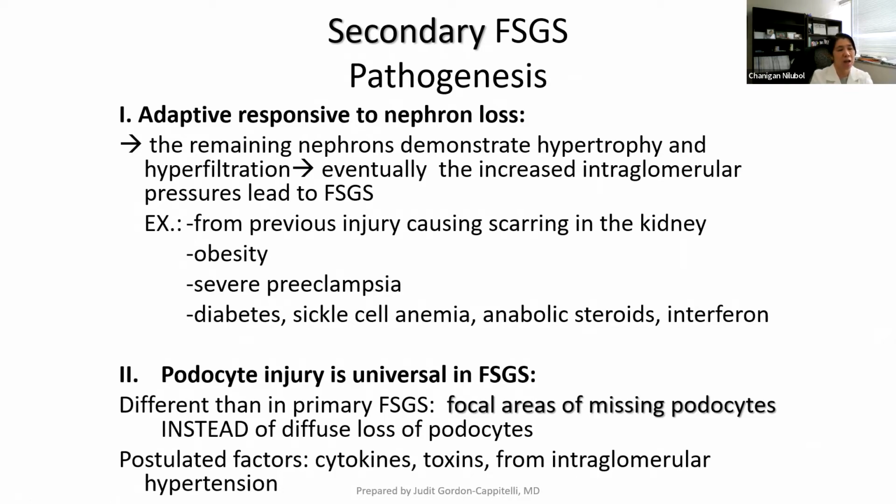Typically, if the patient had a nephrectomy and they just have hyperfiltration that goes unchecked, then that can lead to FSGS too. Podocyte injury is pretty much the hallmark. So anything that is toxic to podocytes can eventually lead to FSGS.